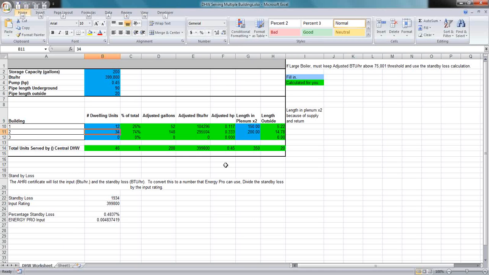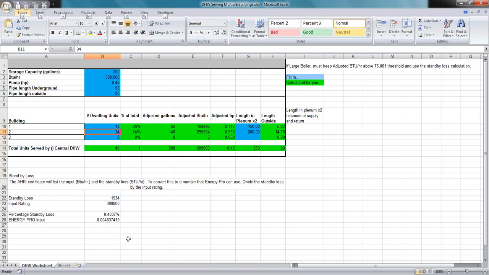This is the way the program is requesting that you implement this process for now, and we are, of course, open to suggestions and feedback. The domestic hot water performance is roughly based on the number of units in each building if there is a central system serving multiple buildings.